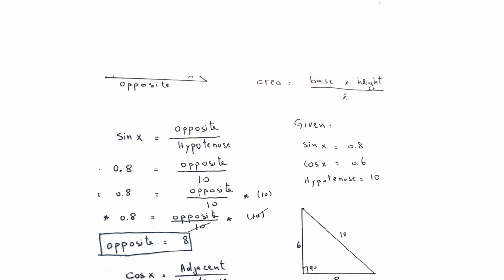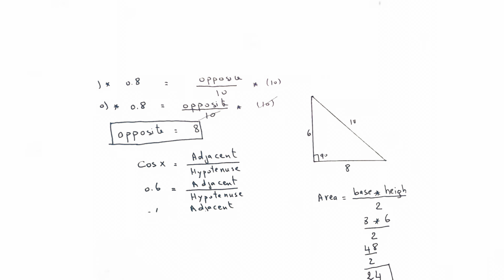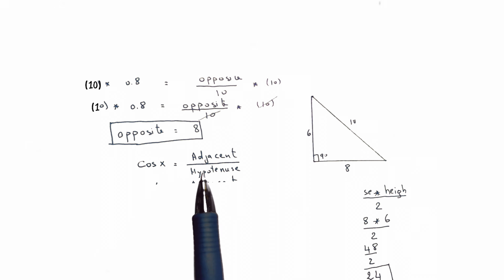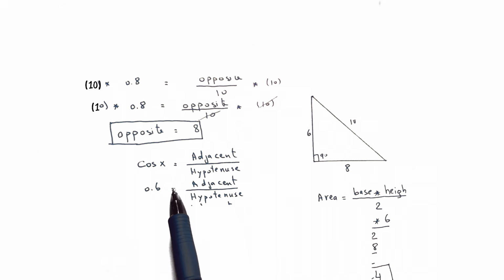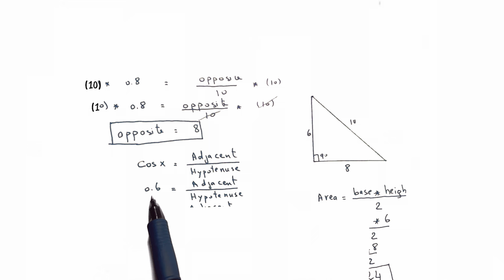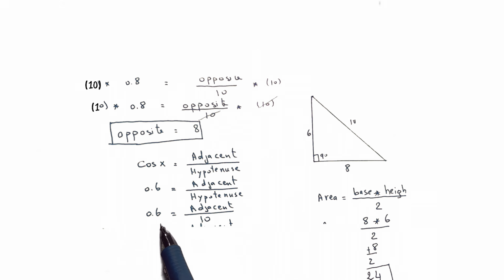I do the same thing with the cosine. The cosine is the adjacent divided by the hypotenuse. The cosine is given as 0.6 and the hypotenuse is given as 10. So 0.6 equals adjacent divided by 10.